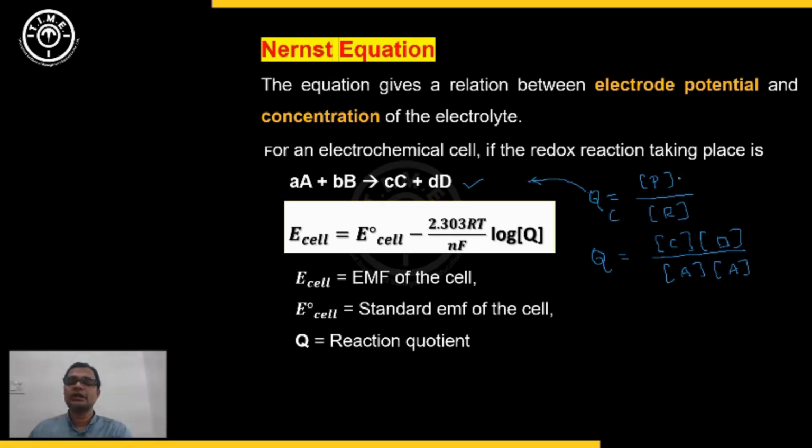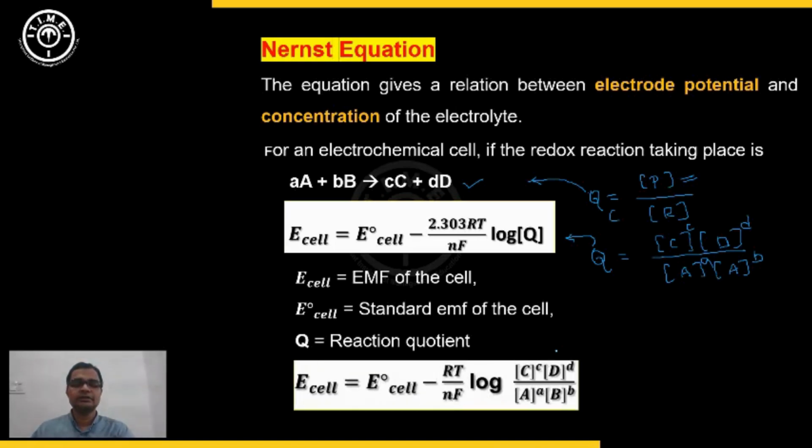Molar concentrations are denoted by a square bracket. During the reaction, small a, b, c, d are the numbers of moles of reactants and products respectively. So they become exponents to their molar concentrations. Now this Q value is substituted in the Nernst equation.